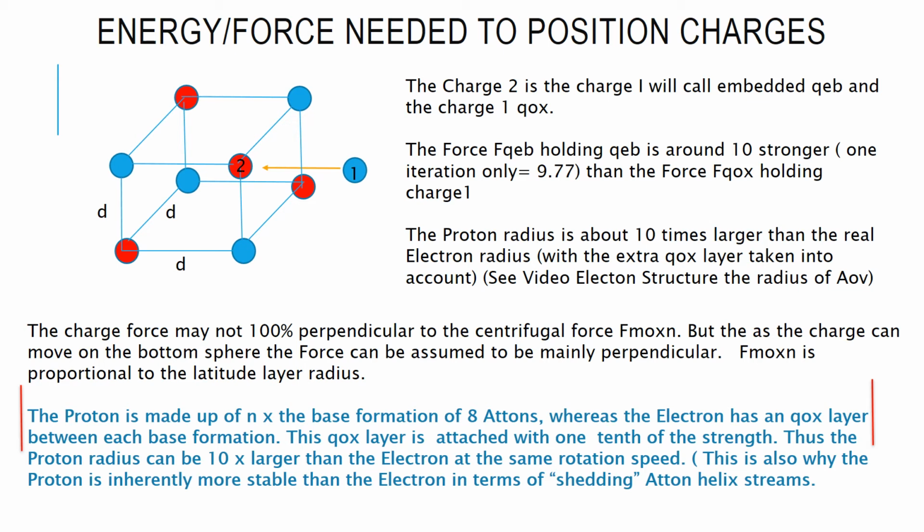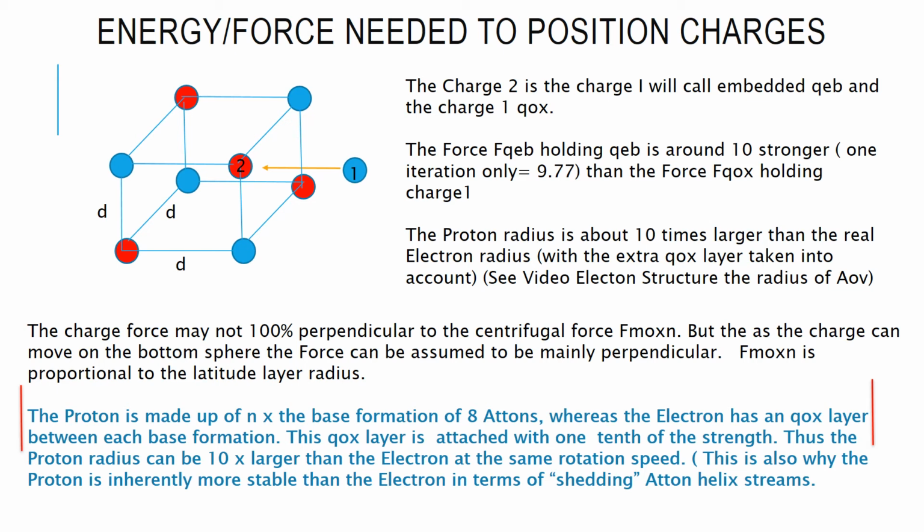Whereas the electron radius has, on the 20 outer layers, always a QOX layer in between the QEB layers, or the base formation layers.